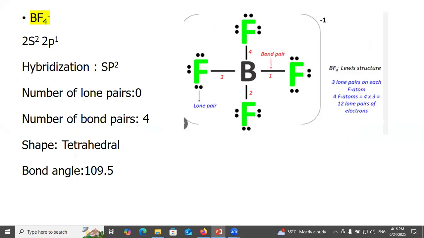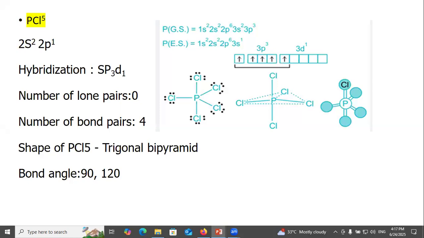In case of the tetrafluoroborate ion, the hybridization is sp3, number of lone pairs 0, number of bond pairs 4, shape tetrahedral, bond angle 109.5. In case of phosphorus pentachloride, hybridization sp3d, number of lone pairs 0, number of bond pairs 5, shape of phosphorus pentachloride trigonal bipyramid, bond angle 90 and 120.